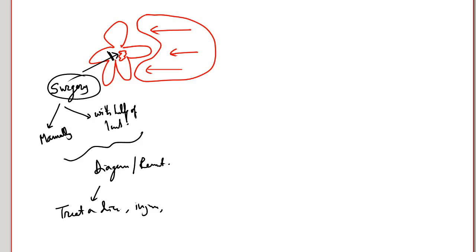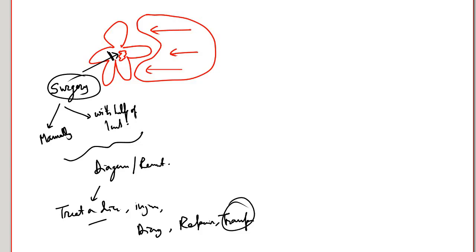Understand? So basically the reason is treatment or diagnosis or repair, right? Even transplantation: if some organ is defective and not working properly, I have to transplant it.